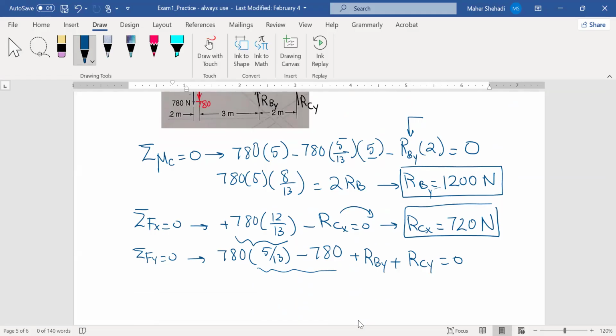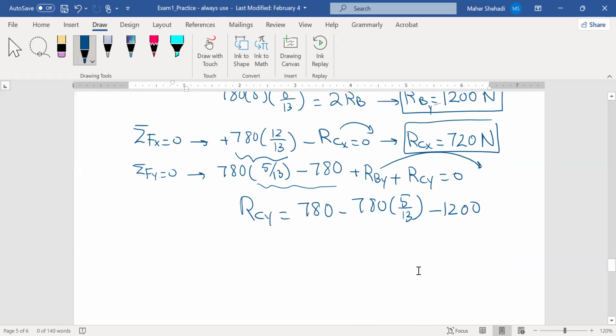Okay, we found RBY 1200, therefore RCY is 780 minus 780 times 5 over 13, and then minus 1200. And this should be negative. Actually, I got minus 720 newtons.